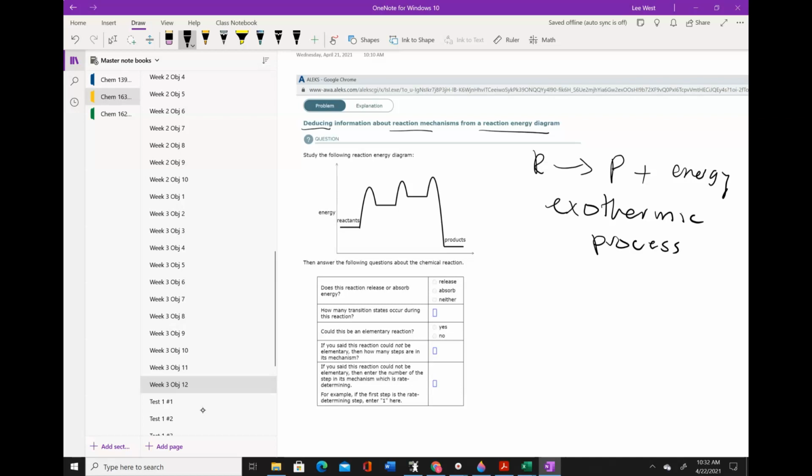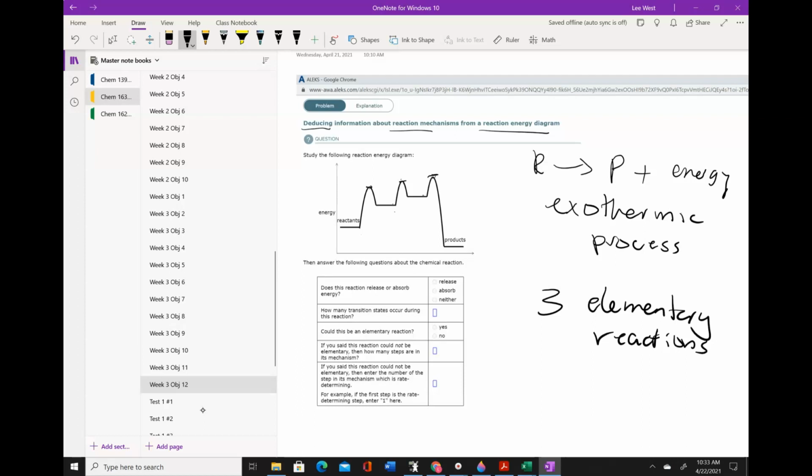Now, each one of these peaks here represents an activation energy barrier. It represents a transition state. And so we know that there is 1, 2, 3 elementary steps or elementary reactions in this mechanism.